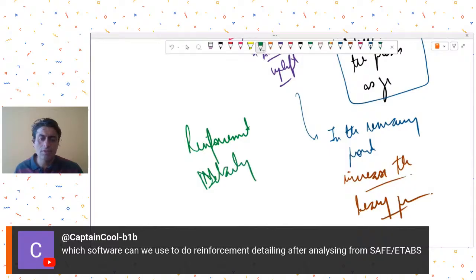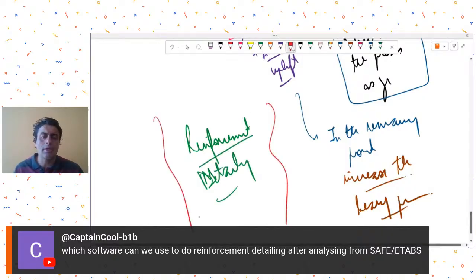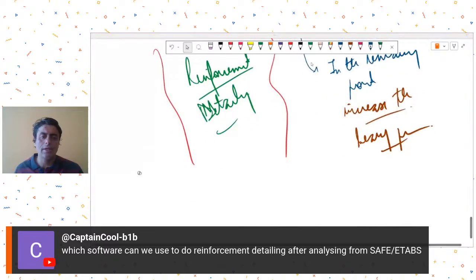I'll prefer this to be the best way, because there are many variables and criteria that you have to consider, and none of the software can give you a good enough result. So it is best if you do the reinforcement detailing on your own, by taking decisions as per the site constraints or site requirements.